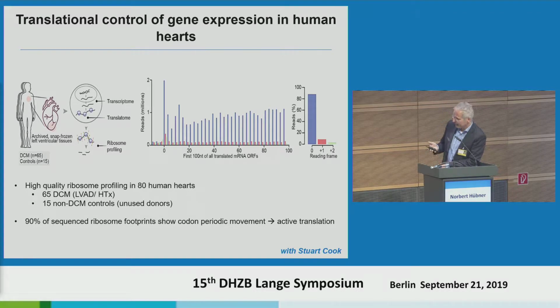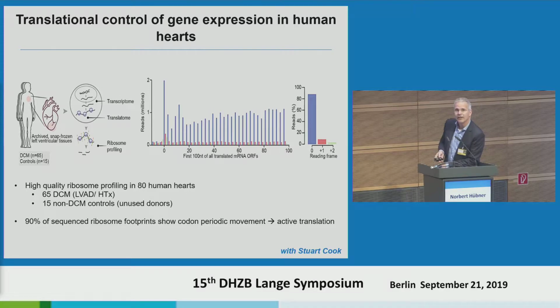And this is just a summary of all ribosome-protected fragments in the genome of a particular subject in the heart. What you can see is that most of these occupancies are moving in a periodic way, so we can infer from that this is really actively translating the gene of interest.